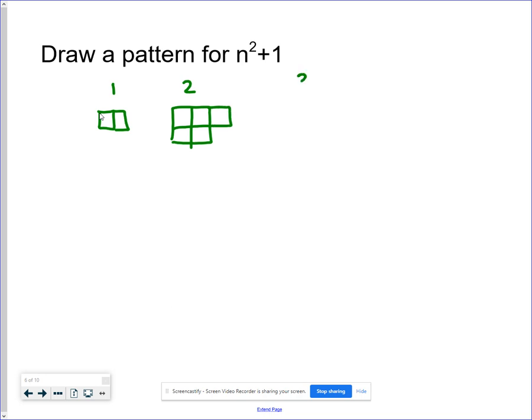And for step 3, I would have a 3 by 3 square plus an extra 1. Oh, that wasn't very squared, but that's an example of what that pattern could look like. You could do that with dots, you could do it with sticks, you could do it with anything you wanted, but we just did a bunch of them with squares, so I just kind of stuck with squares on that.